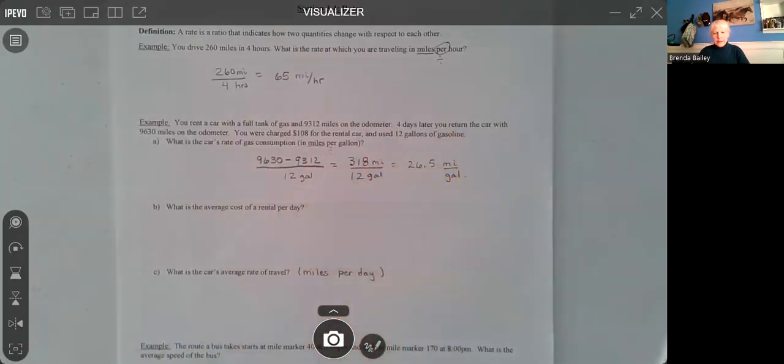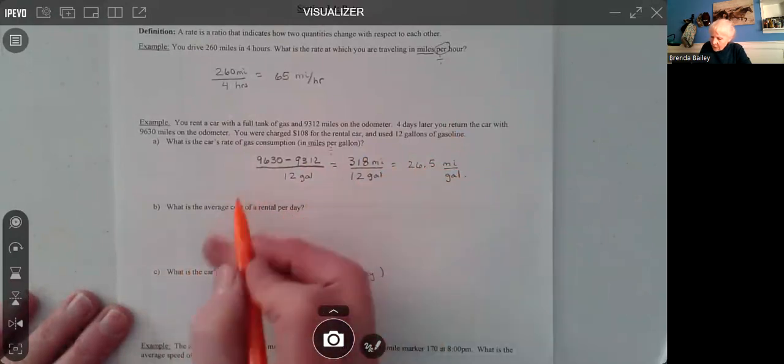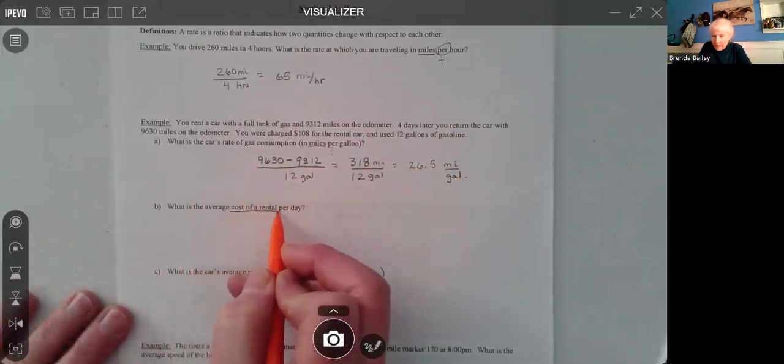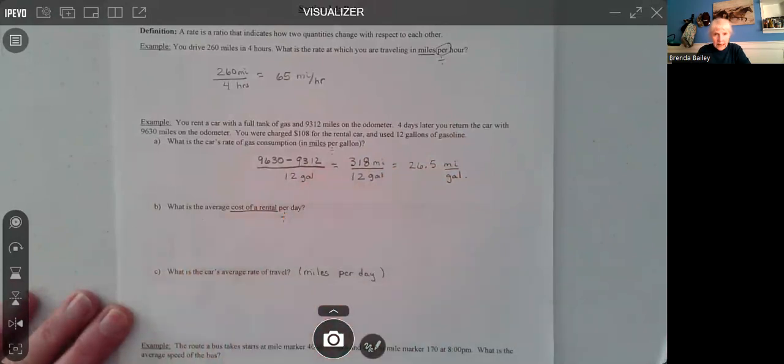All righty. So again, the units are really important when you're trying to find these rates. And again, the rate is if you change this, how much is this changed? Or if you change this, how much is this changed? So for every gallon, you went 26.5 miles. Let's look at this one here. What is the average cost of a rental per day? So here you want the cost of the rental divided by the number of days.